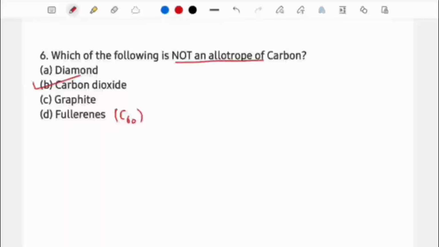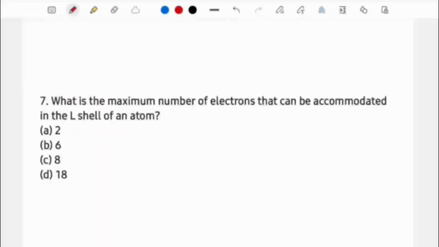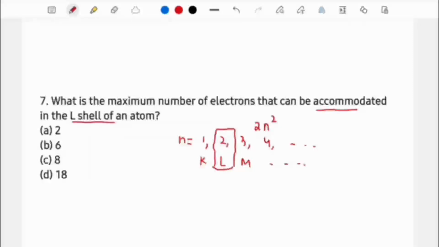Okay, next question. Question is, what is the maximum number of electrons that can be accommodated in the L shell of an atom? Number of electrons in any shell is equal to 2n square, for n value equal to 1, 2, 3, 4, etc. The shell names are like K, L, M, etc. For L, n value is therefore equal to 2.